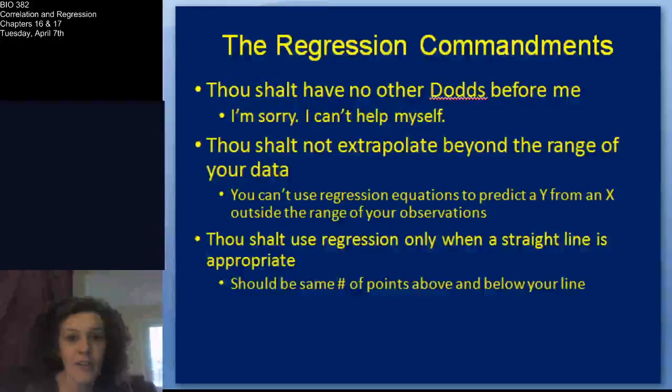That line is only valid for as far as your data go. Where your last data point lies, you can't extrapolate beyond that.